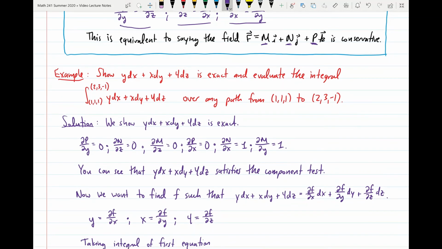So if we show that this differential form is exact, then this integral is going to be the same regardless of the path that we take from (1, 1, 1) to (2, 3, -1).